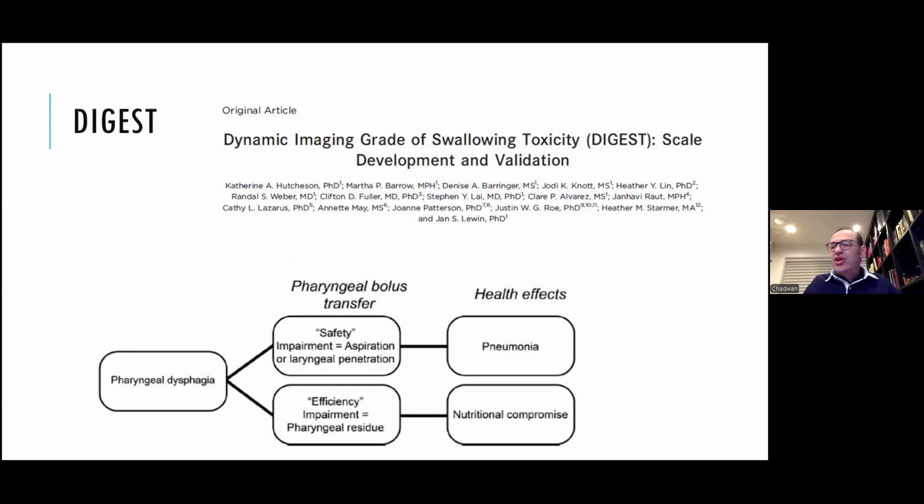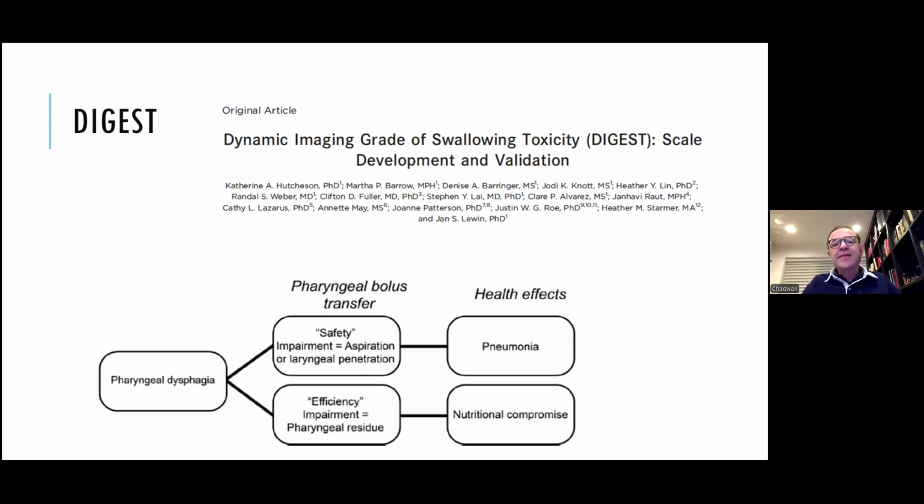So it's good to look and say how many millimeters moving here, how many millimeters moving there, but that's very useful in research. If you want to make it into day-to-day healthcare, it works better if you make it relevant to the health needs of the patient and the health effect of the swallowing. So the DIGEST scale looks into the safety and the efficiency of the swallow.